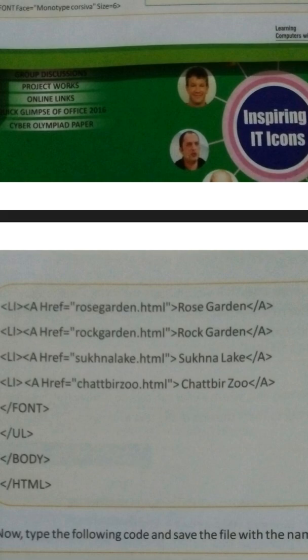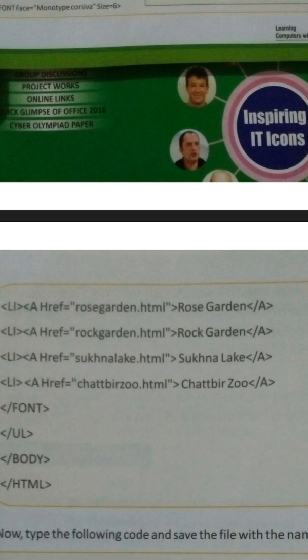Where that image is stored, you have to define with the href attribute. Means a href equal, in inverted commas, the location and the name of that image to which you want to link. You can see in the first link, a href equal rosegarden.html.